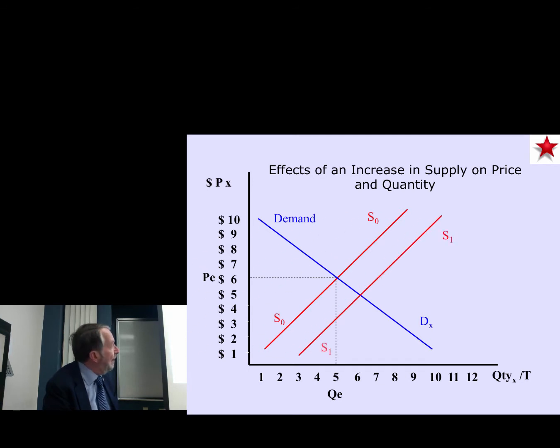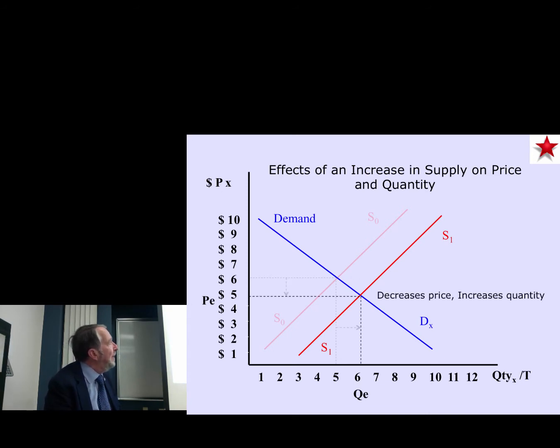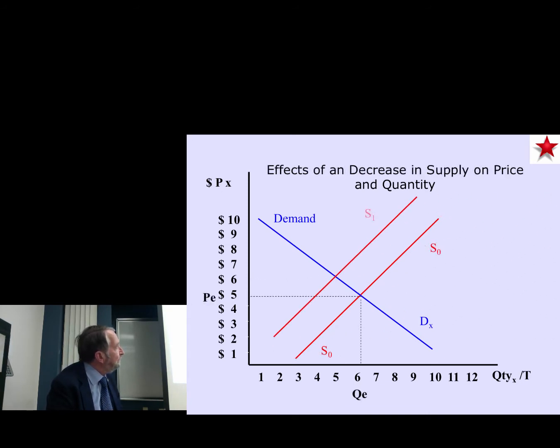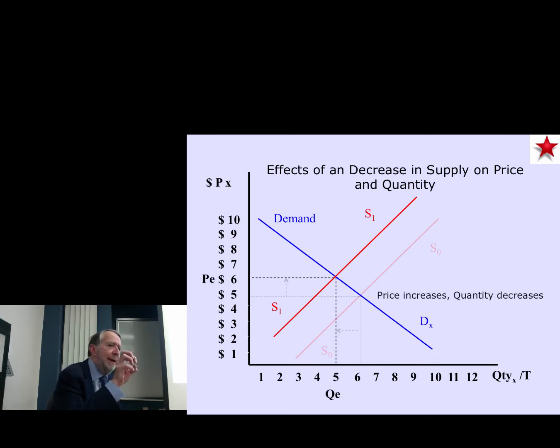An increased supply would be a rightward shift. Price would come down, quantity would increase. Decrease in supply would be a leftward shift, and price would tend to go up and quantity would tend to be reduced. So understanding those effects on price and quantity of shifts in these two functions, it allows you to solve a whole bunch of problems in this way.